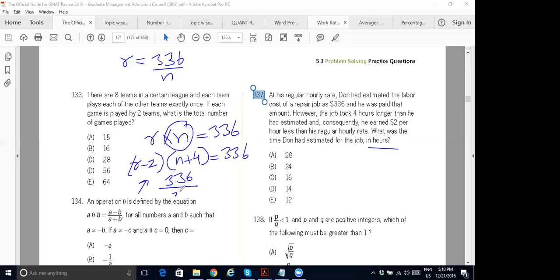Okay. 336 by N minus 2 times N plus 4 equals 336. Now we know that we have one equation and one variable N. And N was what you had put as the time, right? Yes, number of hours. Correct.